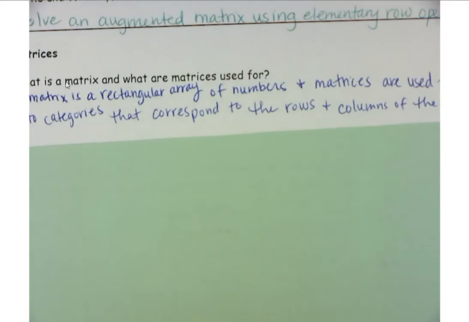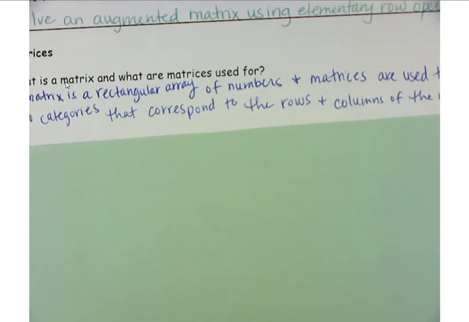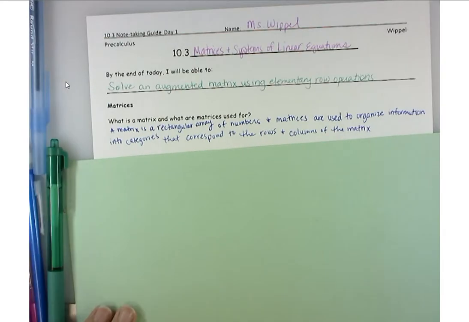A matrix is just a rectangular array of numbers, and they are used to organize information into categories, and those categories are going to correspond to rows and columns of the matrix. The matrices we are going to deal with are going to be smaller.